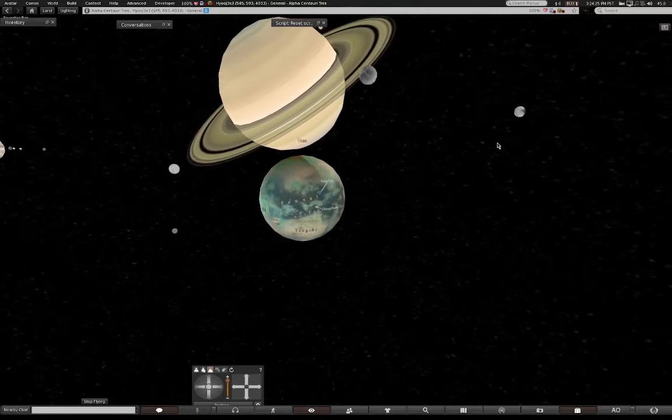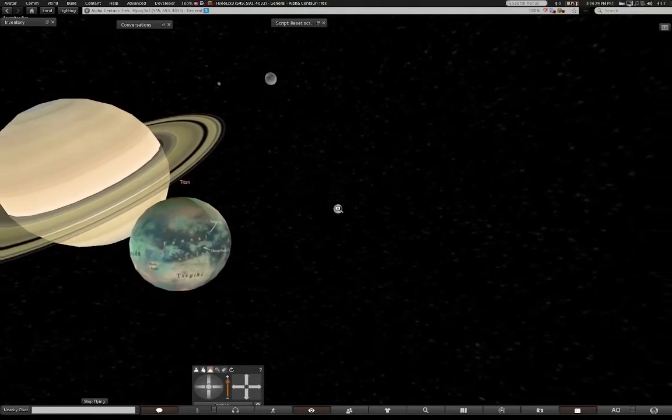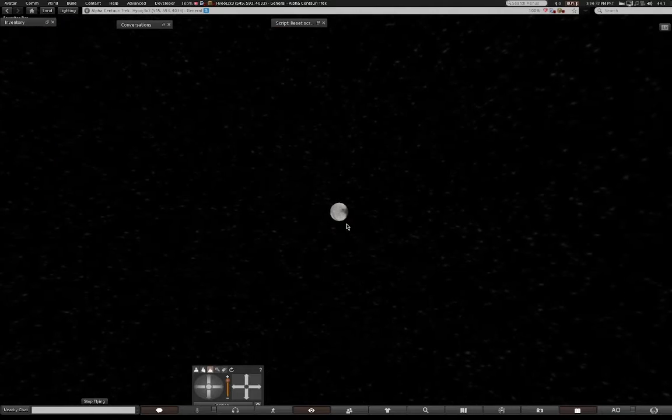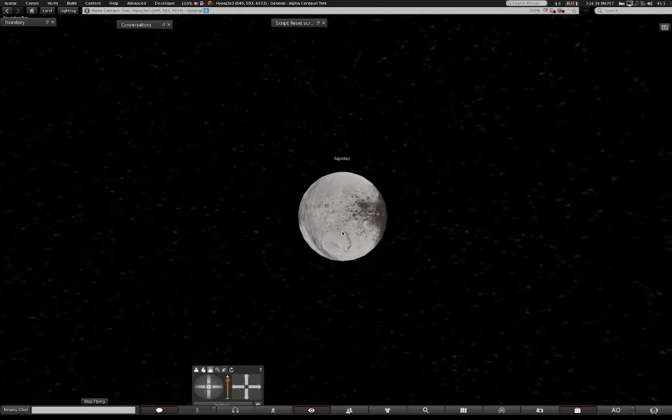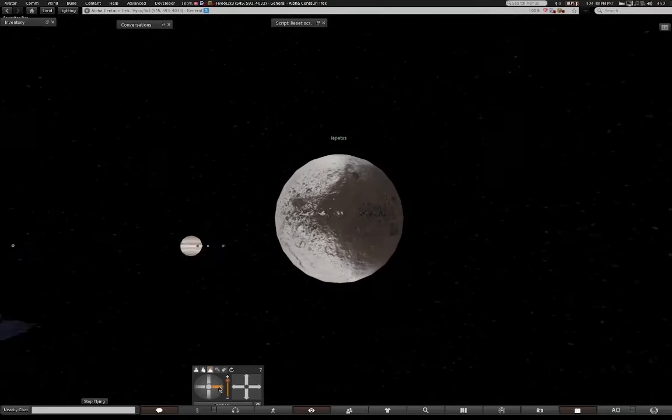And here's the only moon that goes round on the plane of the solar system, like all the other moons of all the other planets other than Uranus and Neptune. There's a story behind that somewhere. I think I've got it.